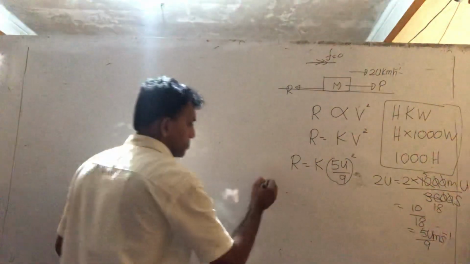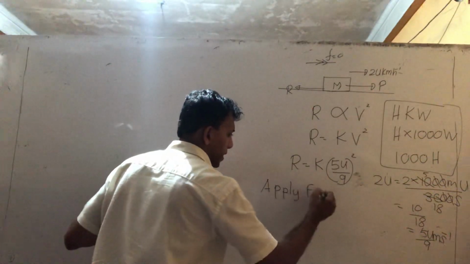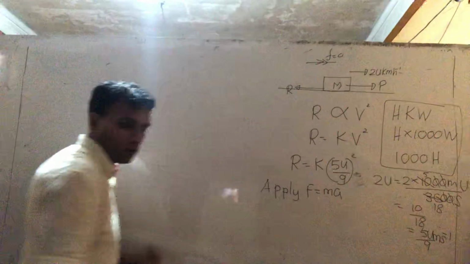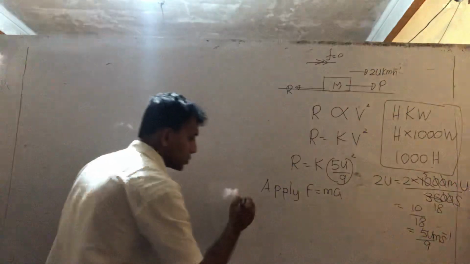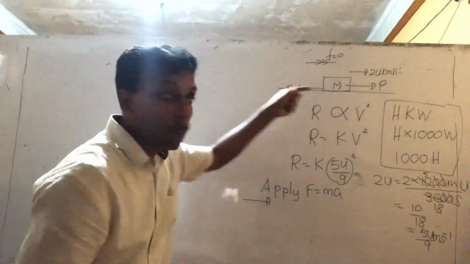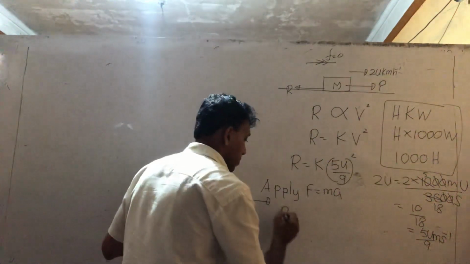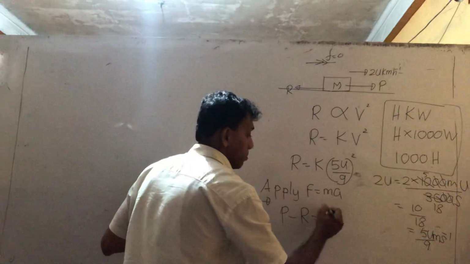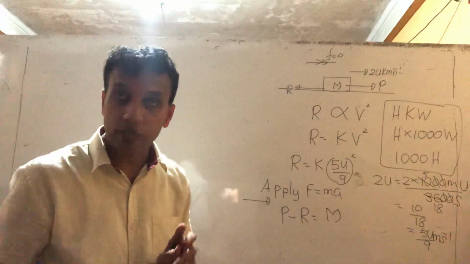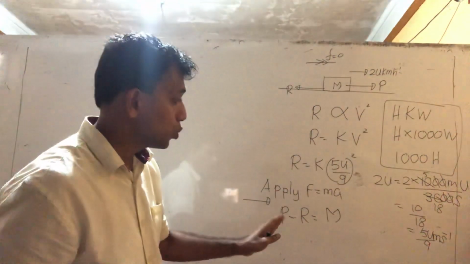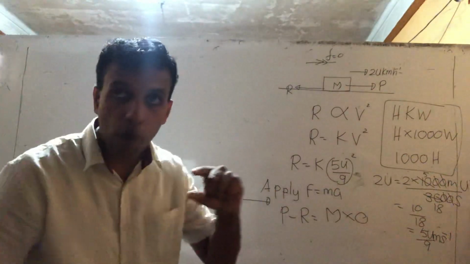So let's apply F equals ma. Applying Newton's formula horizontally, what horizontal forces are here? P on that side, minus R, right? P minus R equals mass M in kilograms into acceleration, that is 0, that is your uniform velocity.